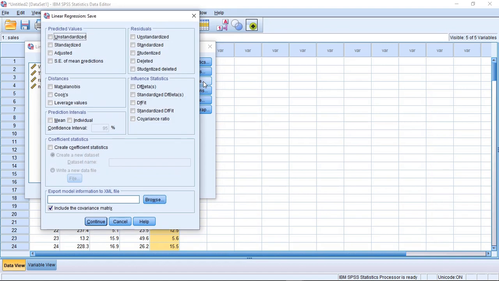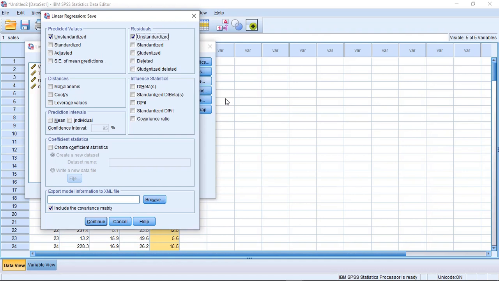Then we go on to save. On this save, sometimes we would want to predict the sales. So we click on the predicted values and the residuals. The predicted values are the result from our model that we are going to come up with.